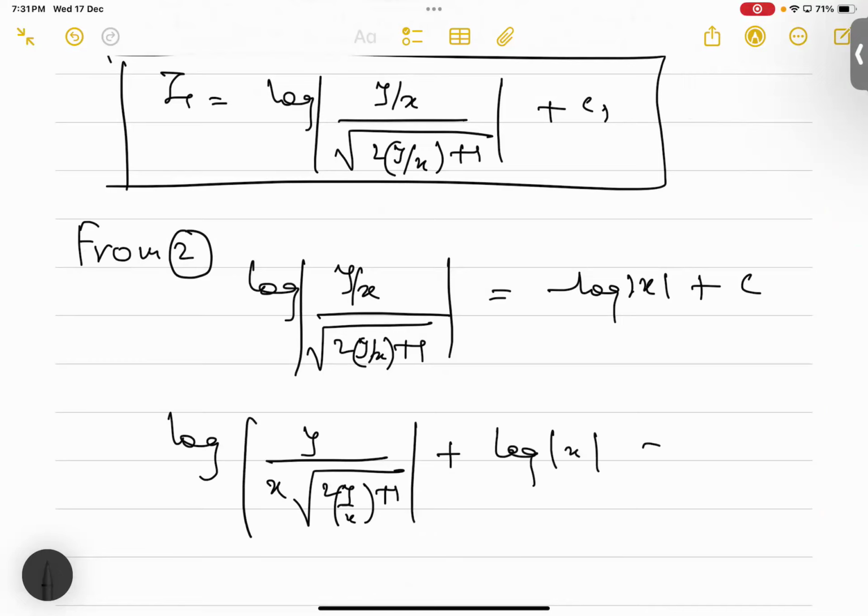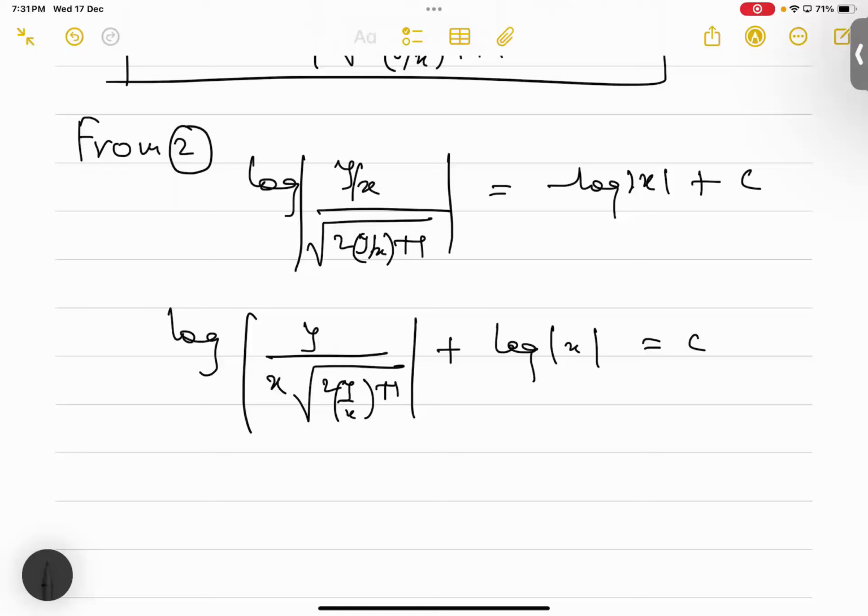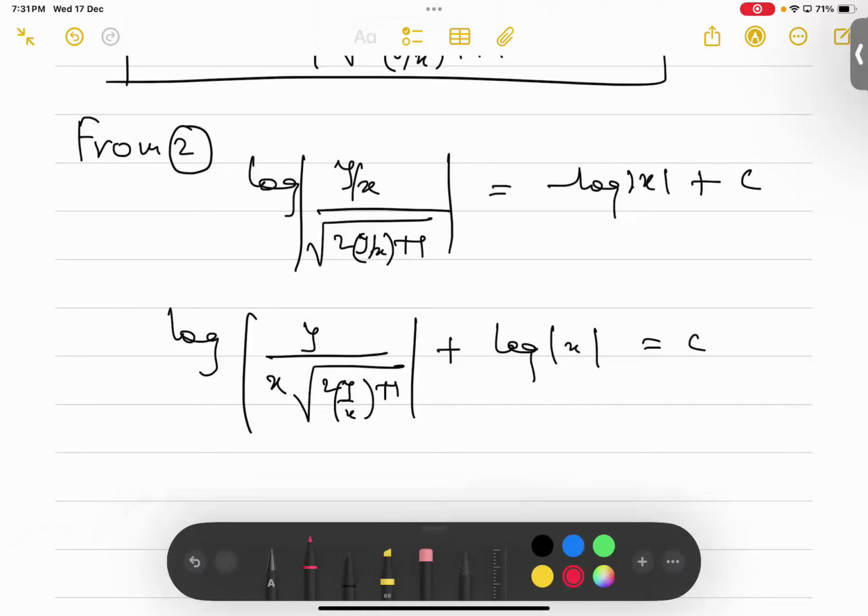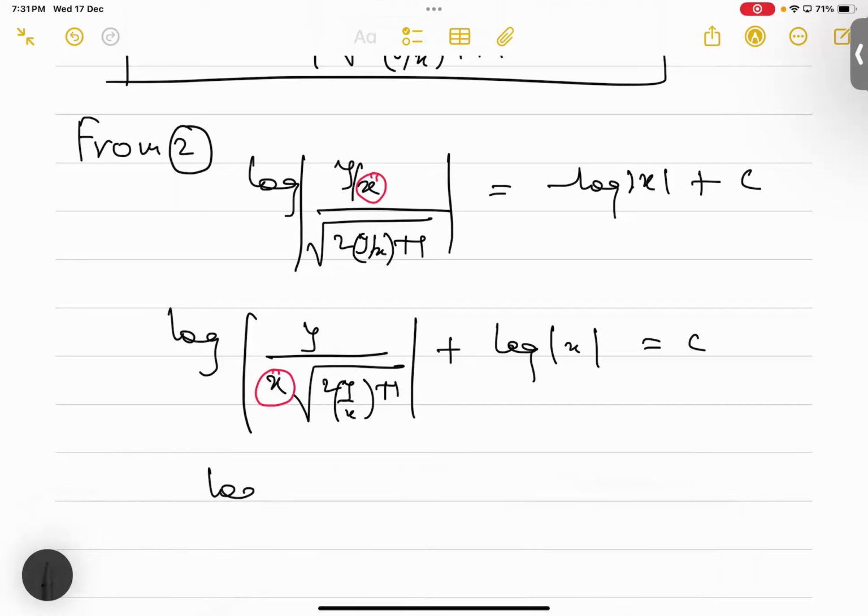Plus log x equal to c. This x I've taken down over here. And what is log a plus log b? Log ab. What will happen if we do this, log a plus log b, log ab? Correct. Good.